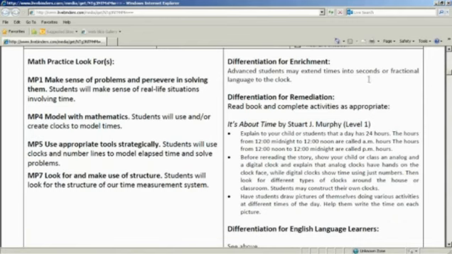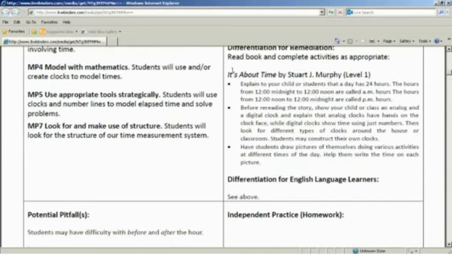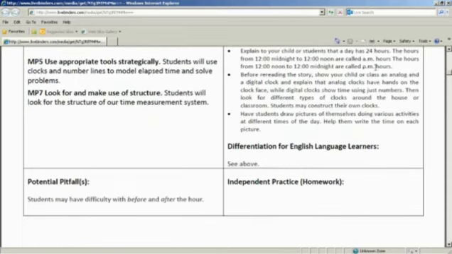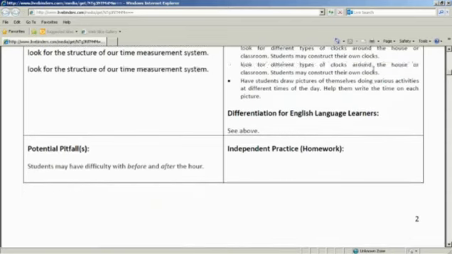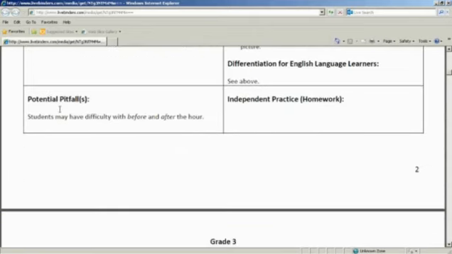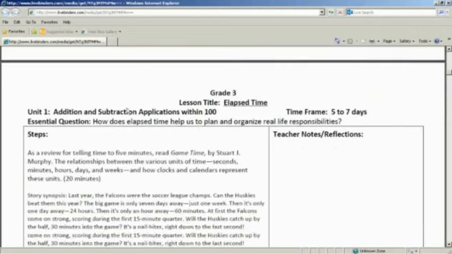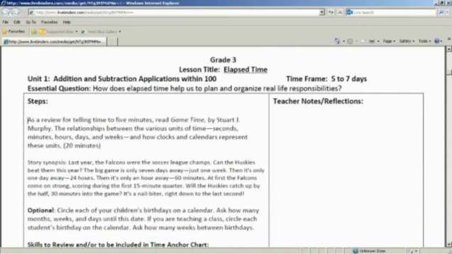Here's a differentiation for enrichment for students who are ready to move on, and differentiation for remediation. Now, they recommend the book It's About Time by Stuart Murphy, and there are suggestions there as well. There's also a box devoted to potential pitfalls that students may have as they are proceeding through the lesson.